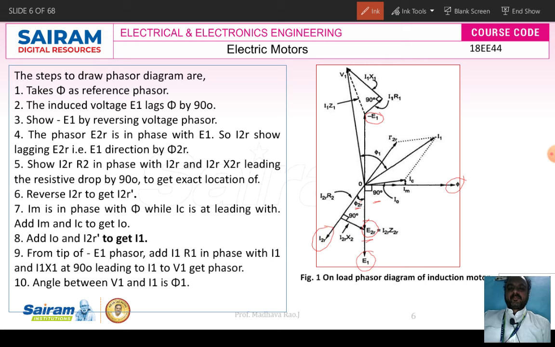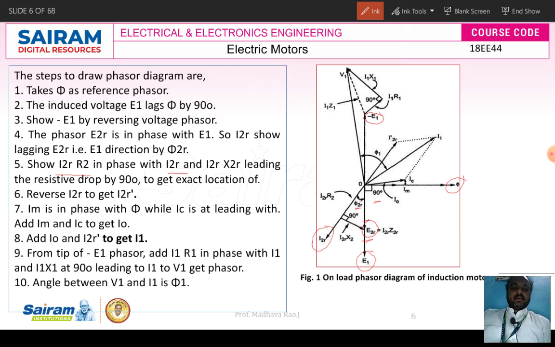Here phi 2R is mentioned. Then I2R into R2, the drop, is in phase with I2R. So both will be in phase.